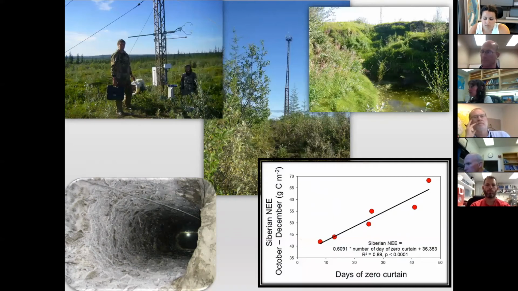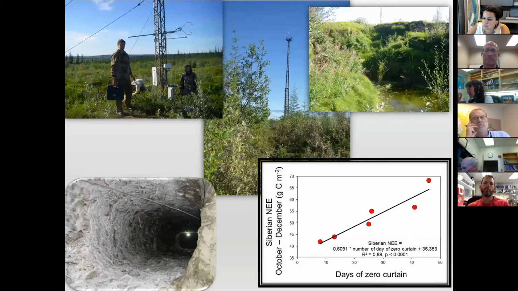And then we also have a tower in a site that was actually mechanically disturbed by a bulldozer. All the organic matter was removed by a bulldozer. And so the site has thermokarsted in a very profound way, and there's a lot of pit and mound topography with these very wet areas within the soil. And so we've been collecting measurements at both these sites up until last year.